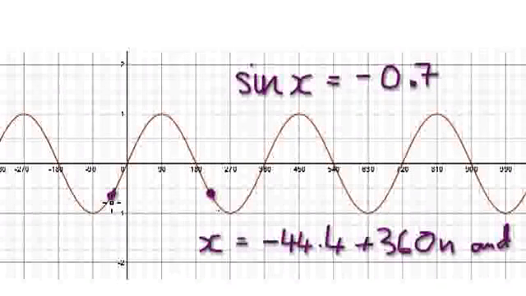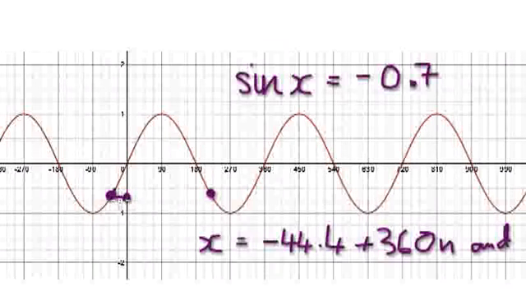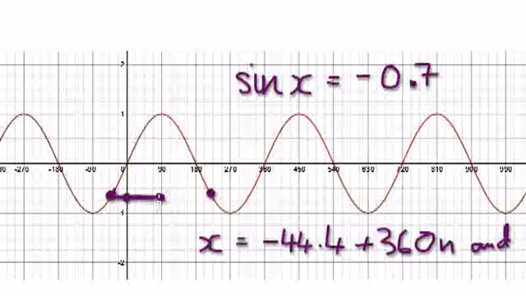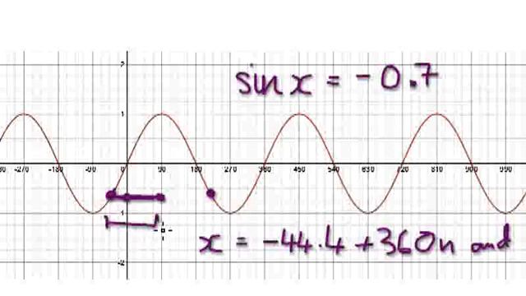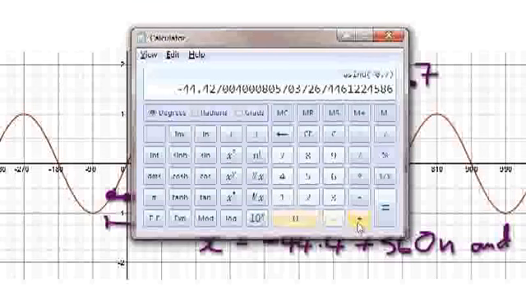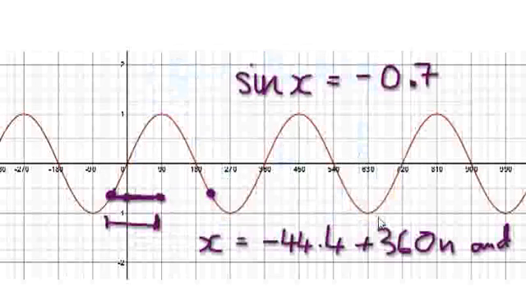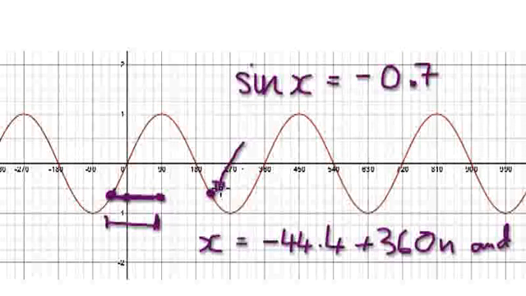If this distance is negative 44.4, I'm just going to look at 44.4 and add 90, and that will give me this distance here. Do whichever method you want. Just develop your own way of doing it so that we can find this point here.